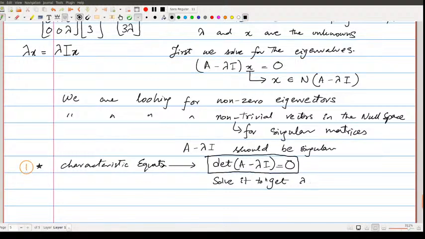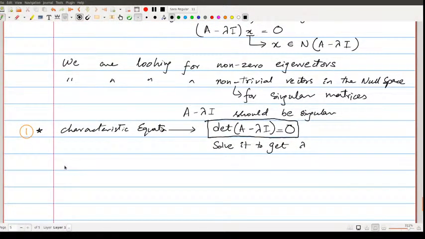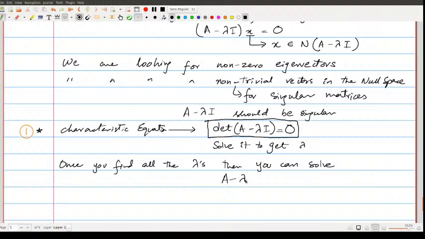And then, assuming that you solve this and find all the lambdas, then you can solve A minus lambda I x equals 0.